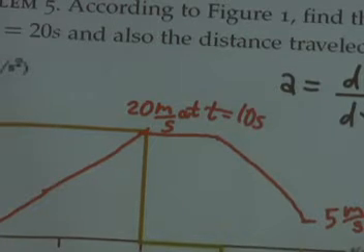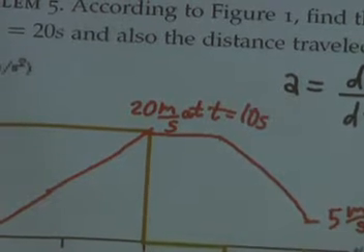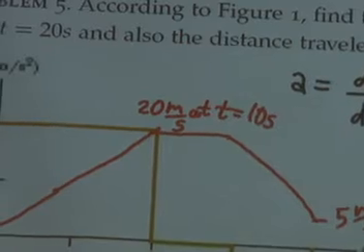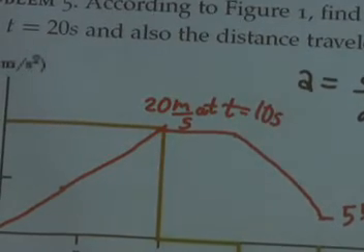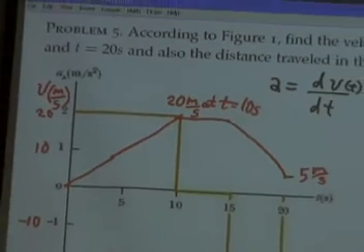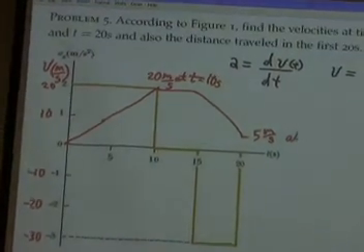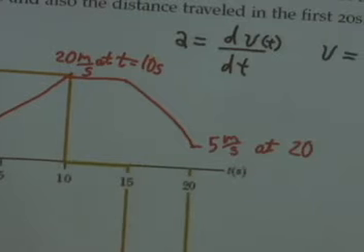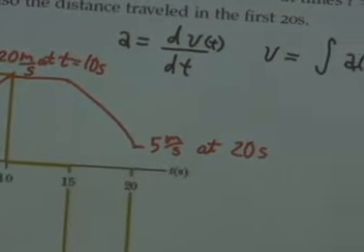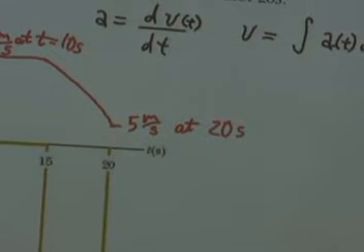And here, during the 5 seconds, it remained at 20 meters per second, and then during the final 5 seconds, again, it dropped by 15 meters per second, and so we ended up with 5 meters per second at 20 seconds. Okay, so that's the answer to the first two questions.